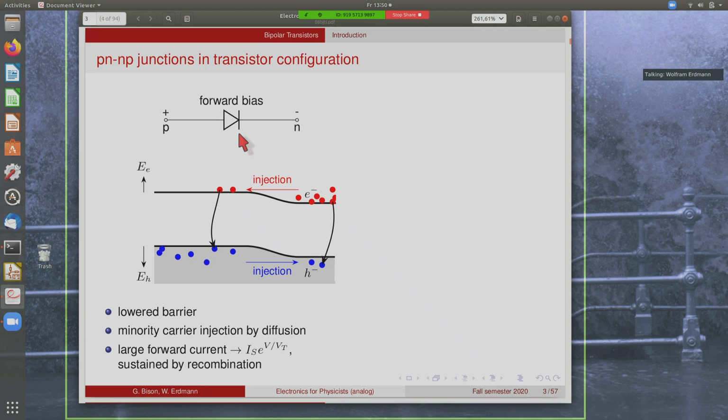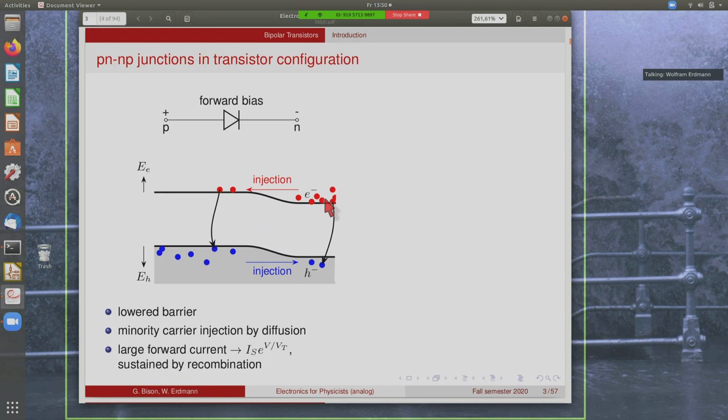So if you have the left PN diode here, which is operated in a forward bias, you can look at the band diagram here. So here you have a reduced barrier height, and there will be carrier injection from the base into the P region here, for instance.